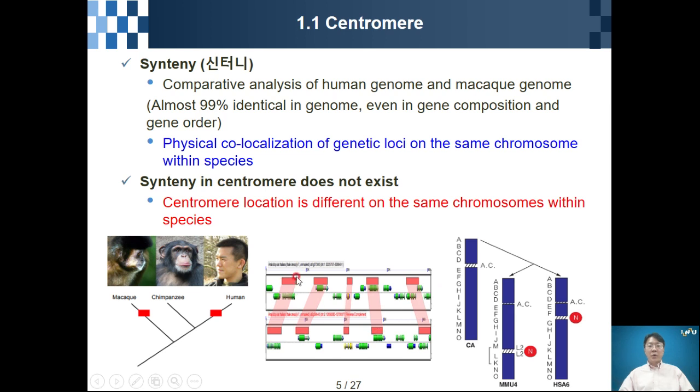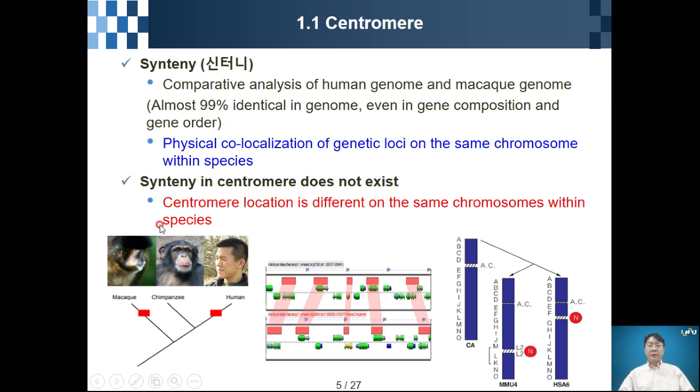Gene A is located here in human, and gene A is located here in the macaque, and gene B is located here in human, and gene B is located here in macaque, and so on.